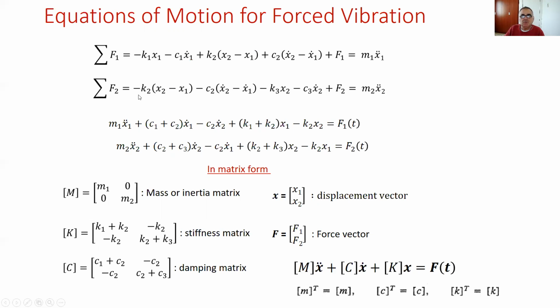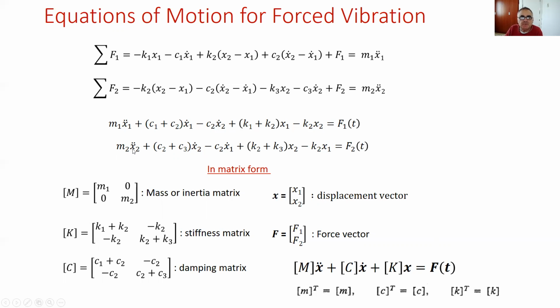When you write all the equations, you get a complicated equation. But if you collect all the terms together, you see a structure here. You have the m1 x1 double dot term, then the x1 dot term, then another x1 term, and then the x2 dot term and x2 term, which have negative signs as you see here. For the x1 equation, x2 dot and x2 enter with negative coefficients.